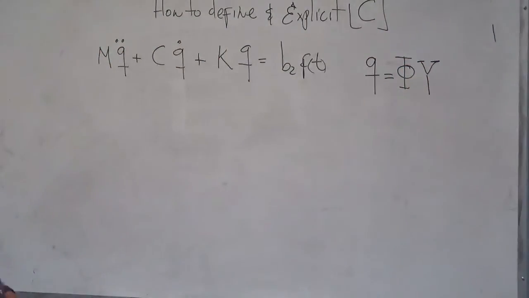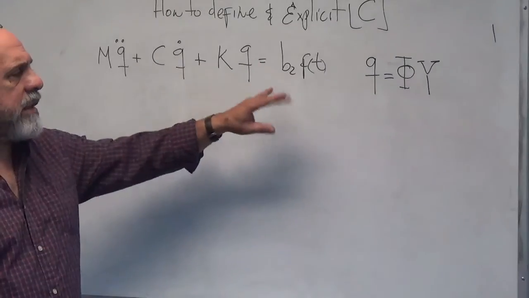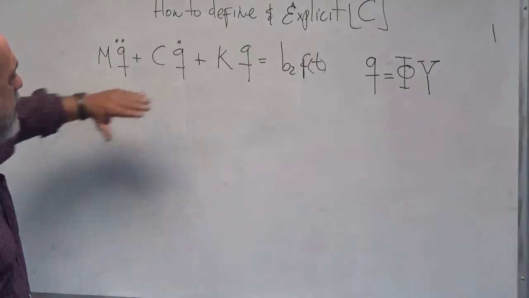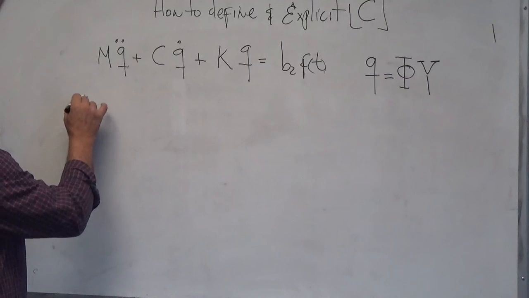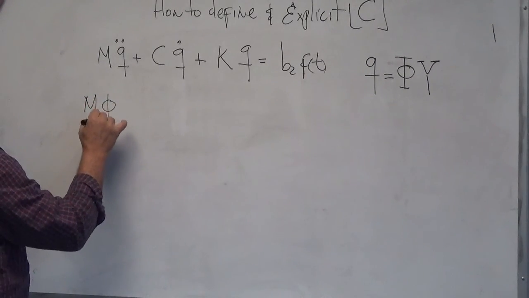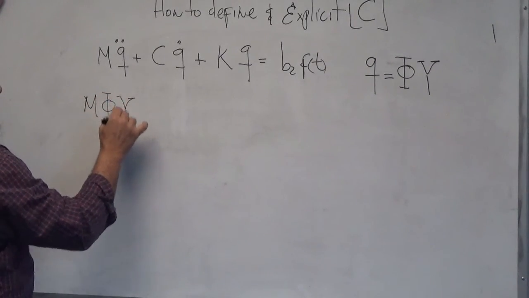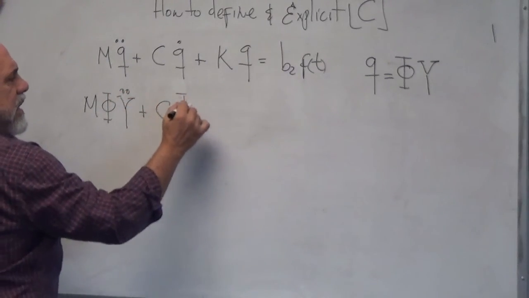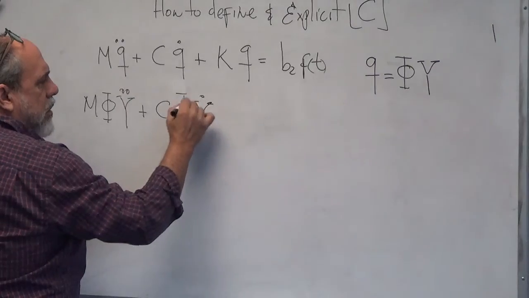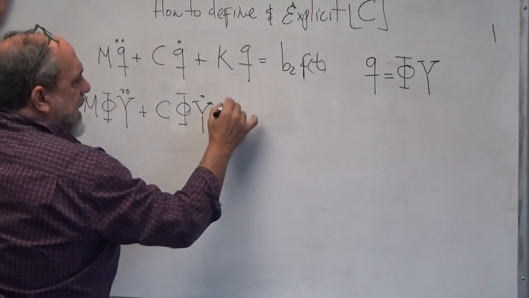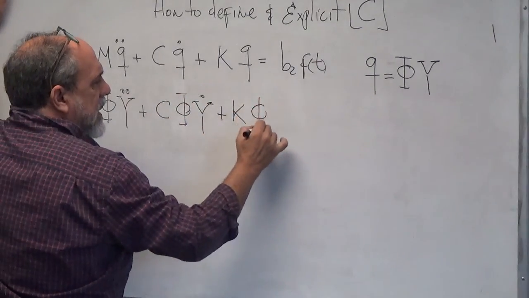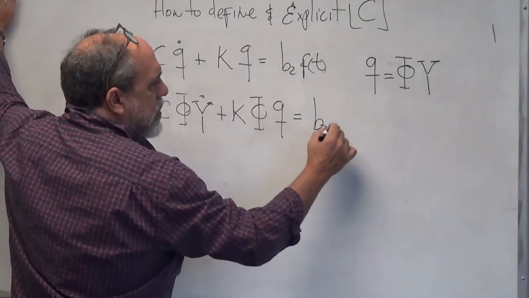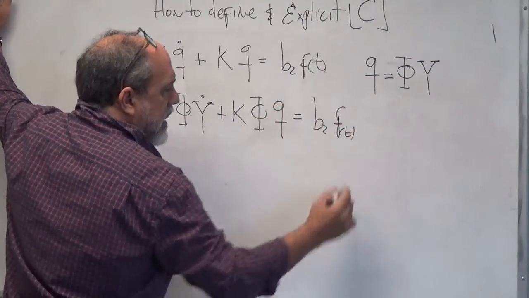So instead of going through the eigenvector and the M to the minus 1 and everything, let me just simply put that in here. So if we put that in here, we get M times phi times y double dot plus C times phi times y dot, these are all the modes, plus K times phi times y equals B2 Ft.